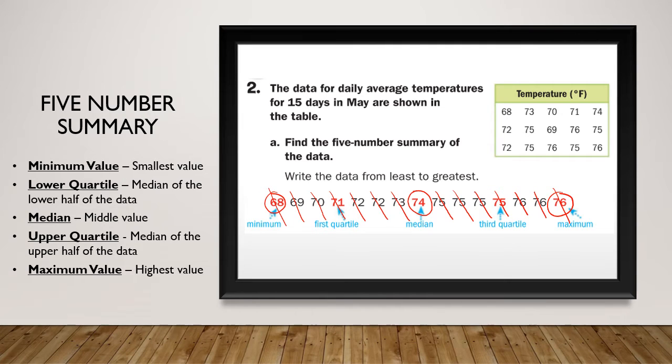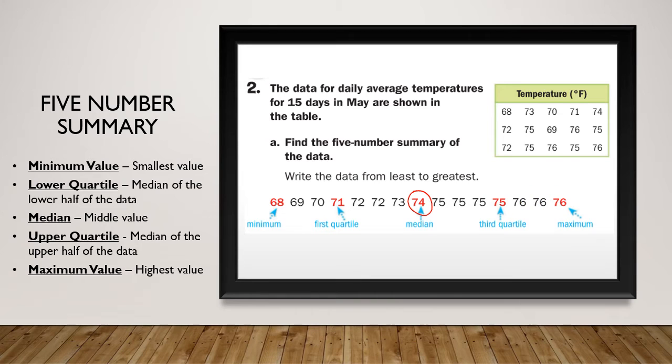Now what's new to you is probably how to find what is called the lower quartile or the upper quartile. In this example, they refer to them as the first quartile and the third quartile. There's different ways of referring to them. So I'm going to find the first quartile, and then we'll find the third.